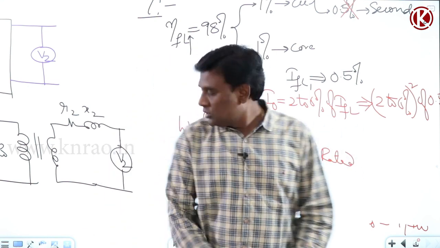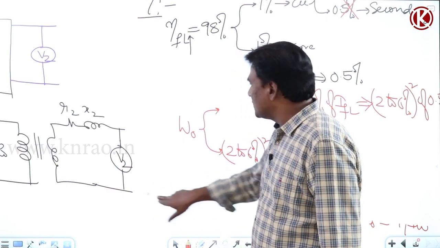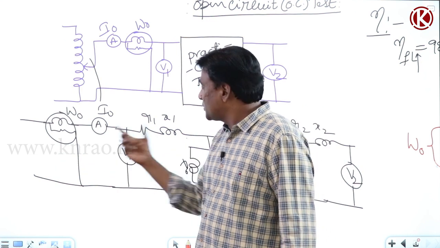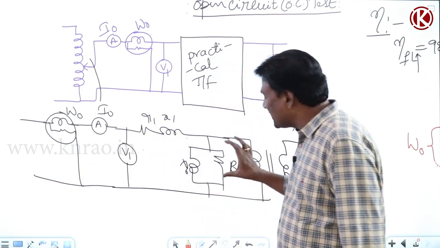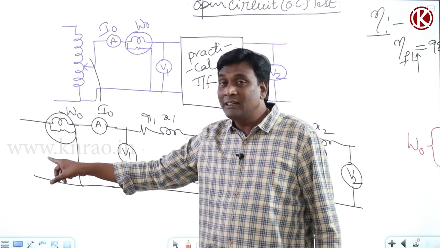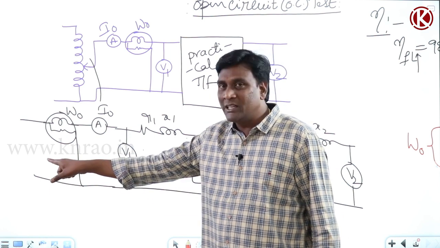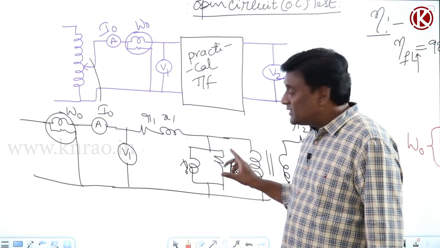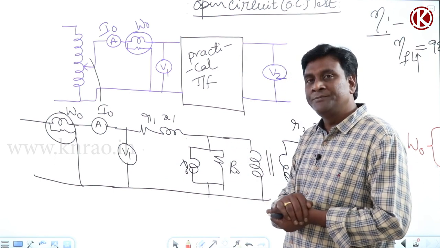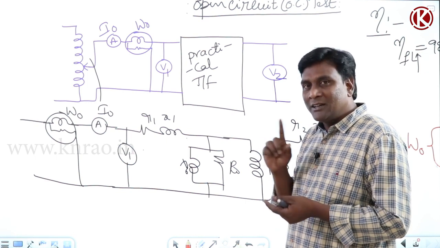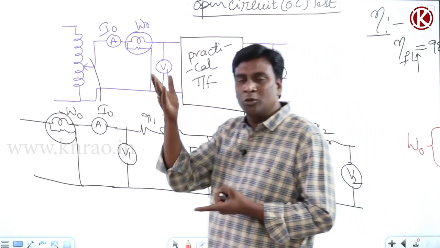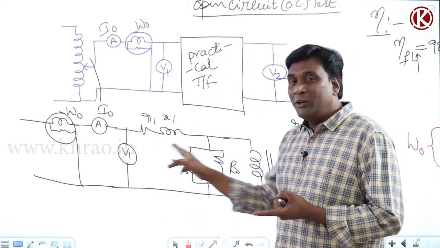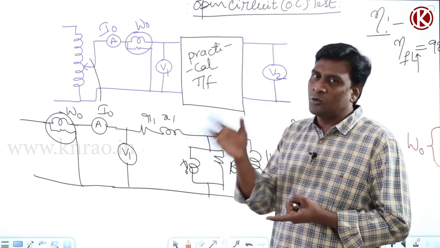Now what about my core loss component? See here, my wattmeter has to record primary winding copper losses plus core loss. The moment you supply rated voltage and rated frequency, almost rated voltage will come here. At rated voltage and rated frequency, my core losses are going to be rated. Getting my point, right? Because hysteresis losses are directly proportional to Bm to the power of x into f, frequency is rated, and Bmax is directly proportional to V by f, voltage is rated, frequency is rated, so hysteresis losses are going to be rated.